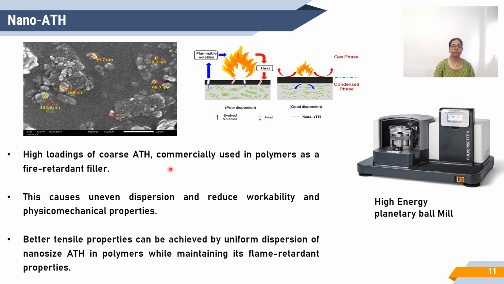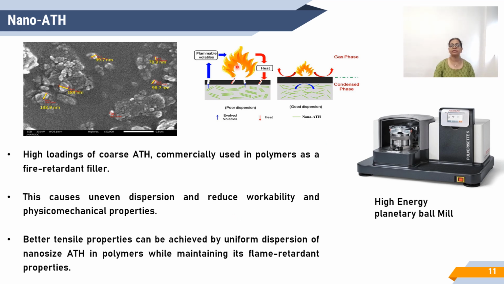We can see the fire quantity here is enormous when we are using the coarse ATH. Due to this coarse ATH incorporation and the uneven dispersion, the workability and physico-mechanical properties of the polymer are reduced, the tensile properties are affected, and the brittleness of the polymer increases. So fine size or nano size ATH has been proposed to be incorporated into the polymers.